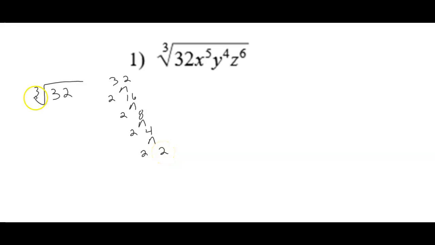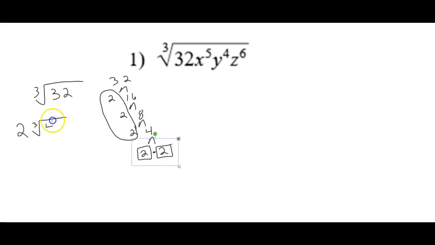Since we're taking the cube root, that tells us how many 2's to group together. That's 3 2's. So that means we have a 2 out front times the cube root of whatever we have left over. We only have 1, 2 2's. So we're going to multiply those together and keep that number underneath the cube root. So the cube root of 32 simplifies to 2 cube roots of 4.